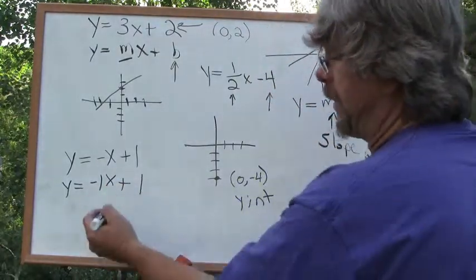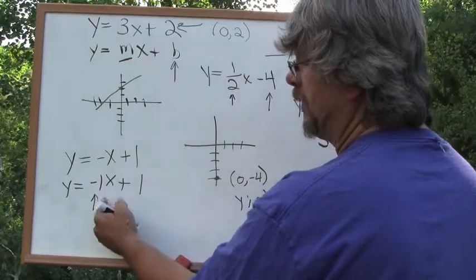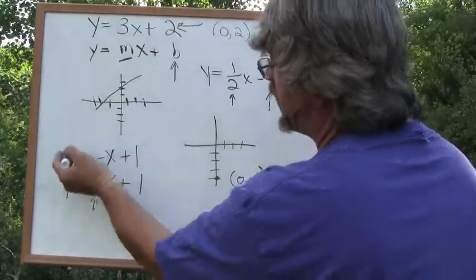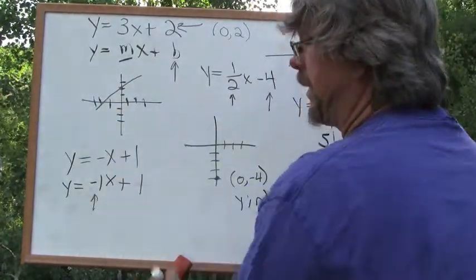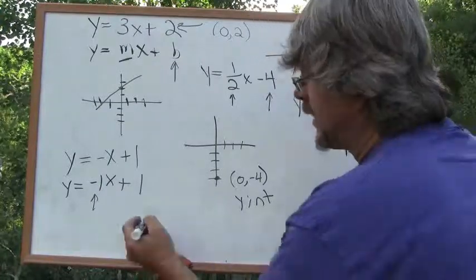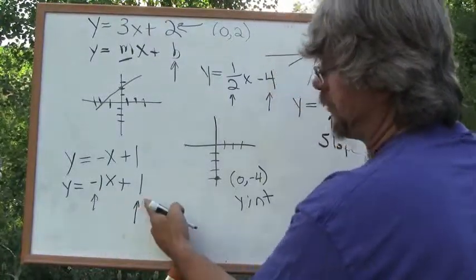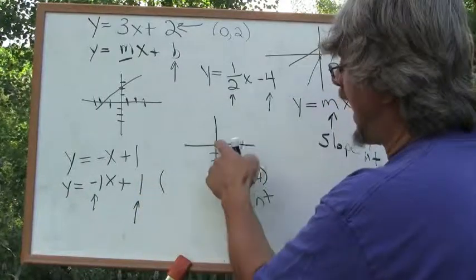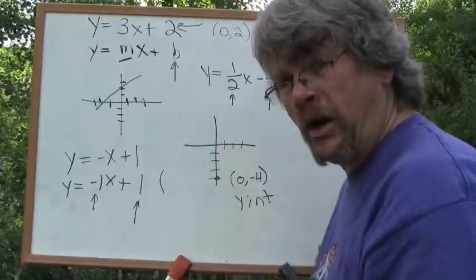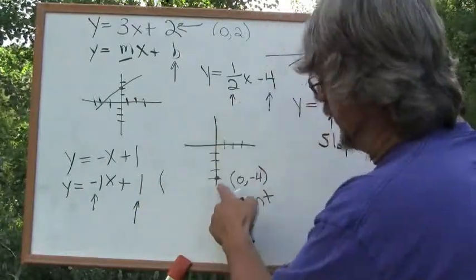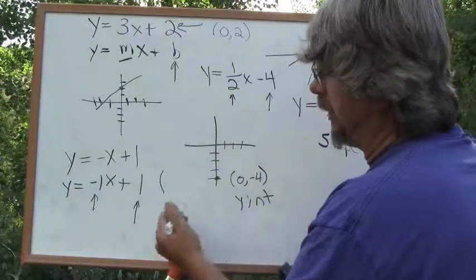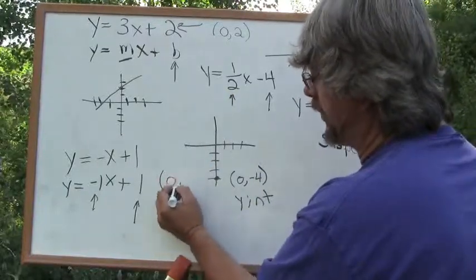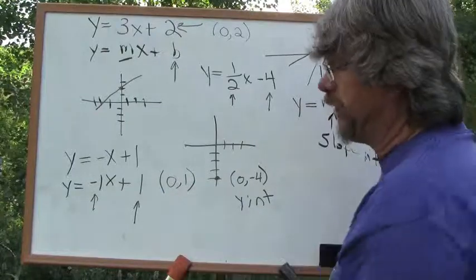So the slope is going to be -1 here, the m. The steepness of the line is going to be -1. The y-intercept is right there. X has to be 0 when there's a y-intercept, because it's always going to be on the y-axis. So 0 and 1 is going to be your y-intercept.